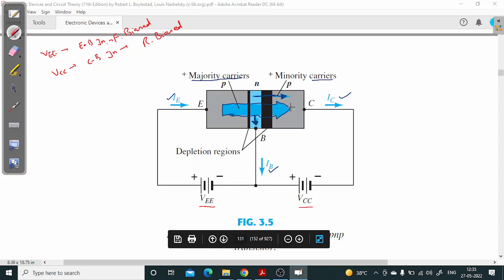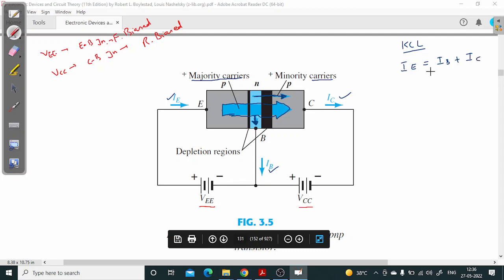So if we assume that this device is a meeting point for IE, IB and IC, and you apply KCL, we can easily write that IE is equal to IB plus IC.